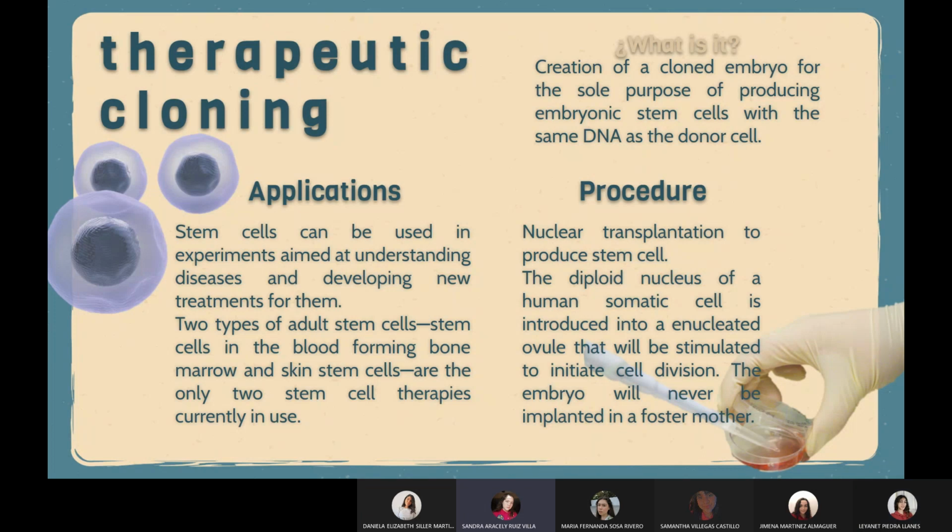It's basically called nuclear transplantation to produce a stem cell, in which the diploid nucleus of a human somatic cell is introduced into an enucleated ovule that will be stimulated to initiate cell division. The embryo will never be implanted in a foster mother. This is how it differs from reproductive cloning.